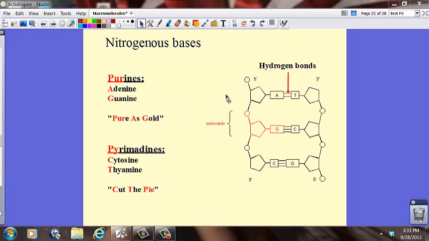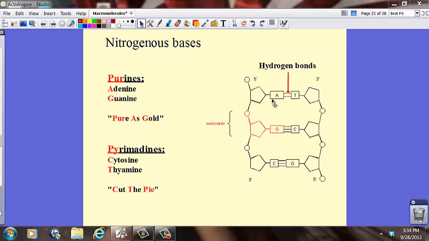And when they bond together via these hydrogen bonds in our nucleic acid, they bond in a certain way. Only purines bond with pyrimidines, and the way that they do this deals with the amount of bonds that they make.